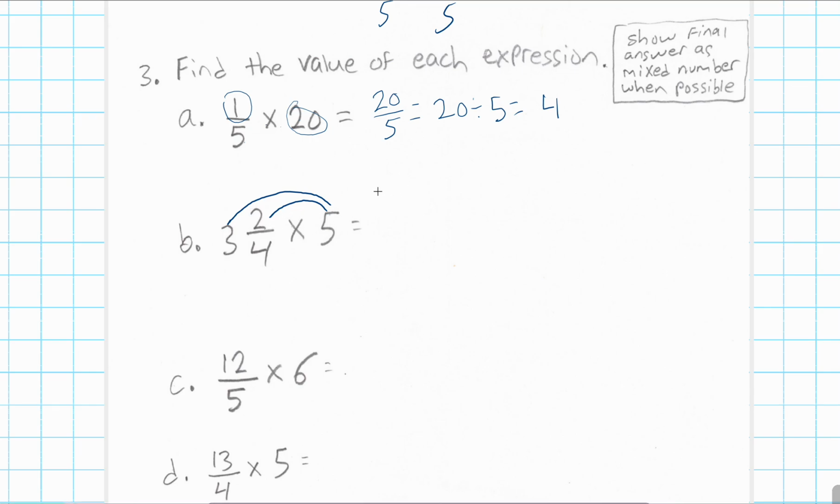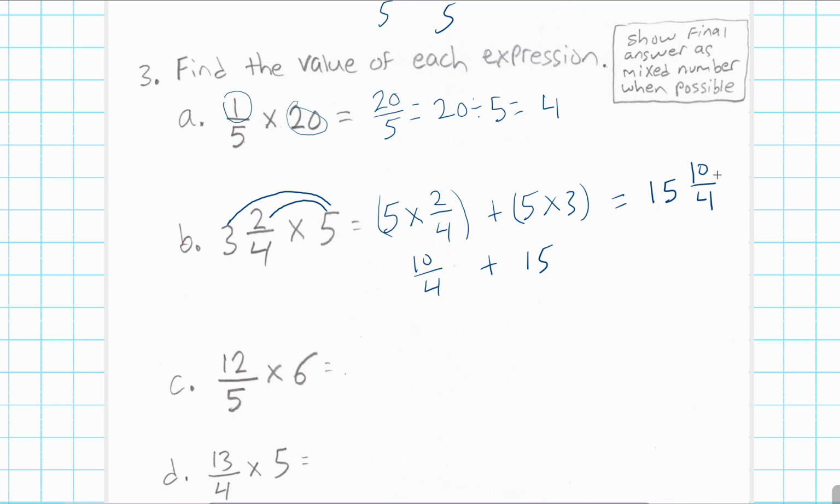So 5 times 2 fourths plus 5 times 3. Okay, so what is 5 times 2 fourths? Well, it's 10 fourths. 10 fourths plus 15. So far, the answer is 15 and 10 fourths.